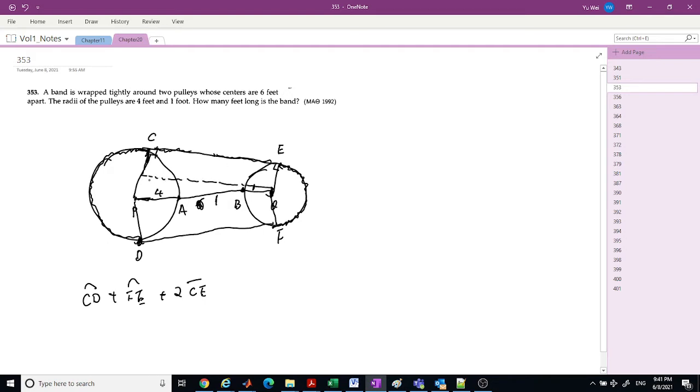We can draw a perpendicular line here. So here is the 6, this is the 1, so this is the 3. We can solve CE squared is equal to 6 squared minus 3 squared, which is 36 minus 9, which is 27. So it's 3 root 3.